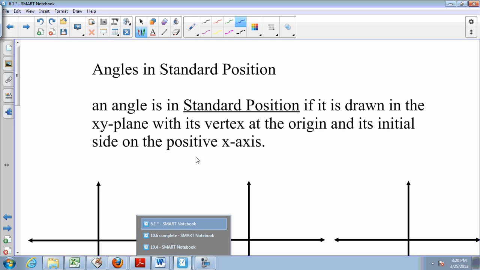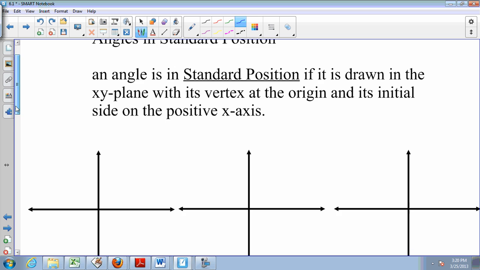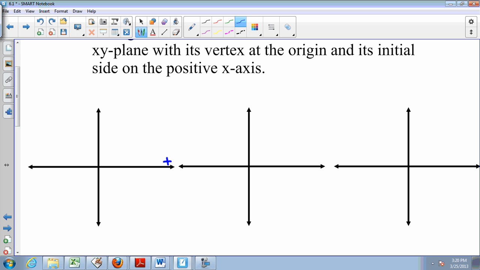Angles in standard position. An angle is in standard position if it is drawn in the xy plane with its vertex at the origin and its initial side on the positive x-axis. So, the positive x-axis is right here. This is its initial side.